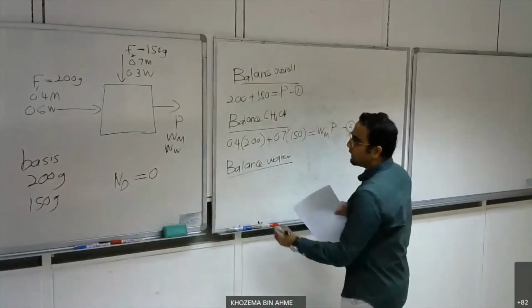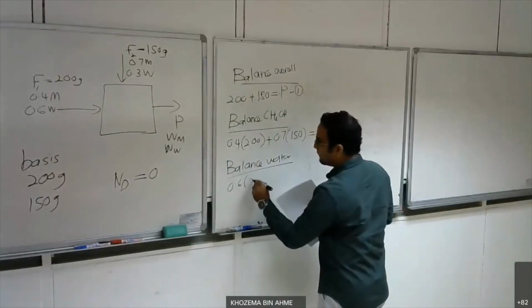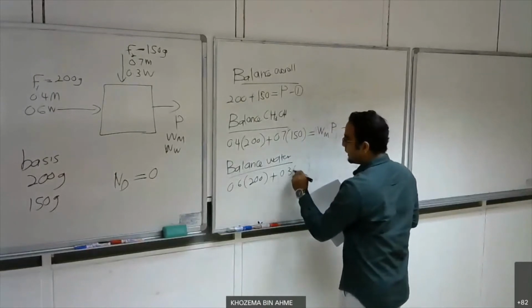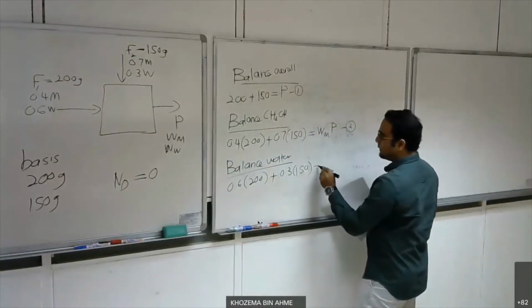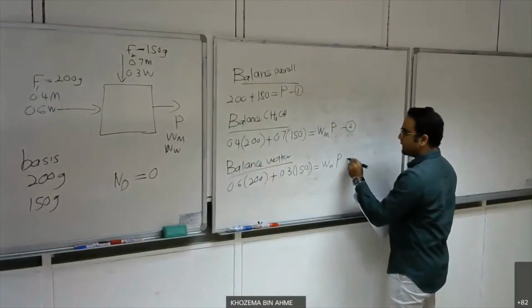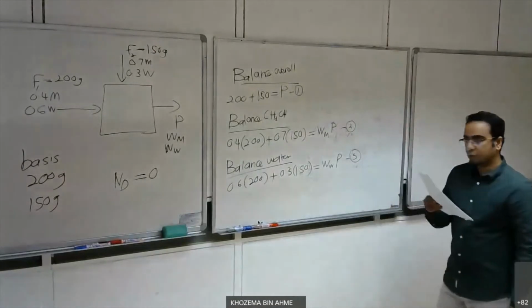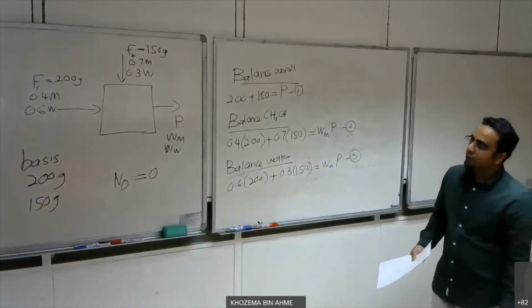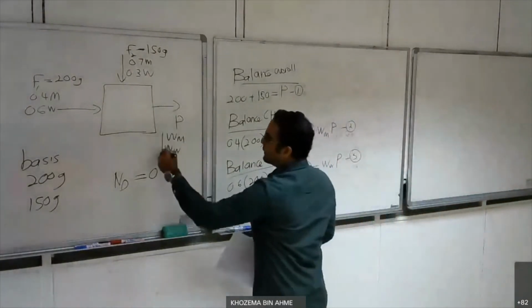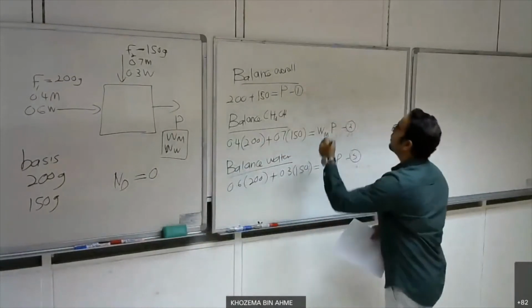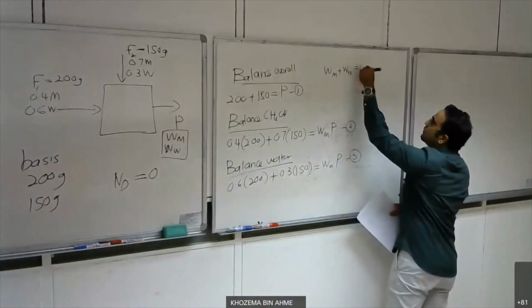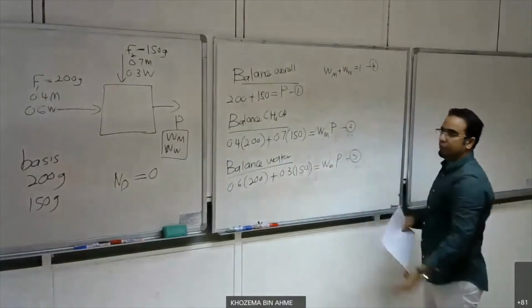So balance on water is that 0.6 times 200 plus 0.3 times 150 is equal to W water times P. This is my third equation. Okay? And I don't have any other equation that I can make other than this equation, which is Wm plus W water is equal to 1. This is my fourth equation.